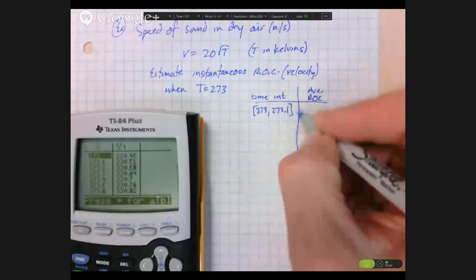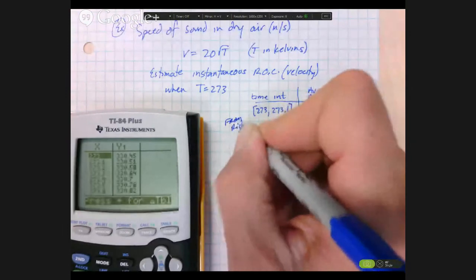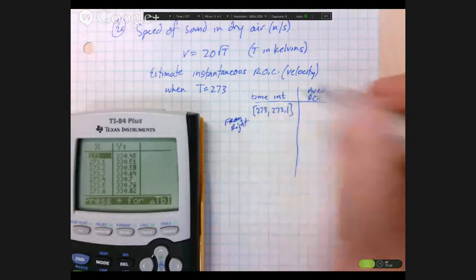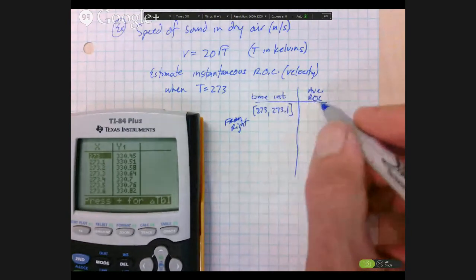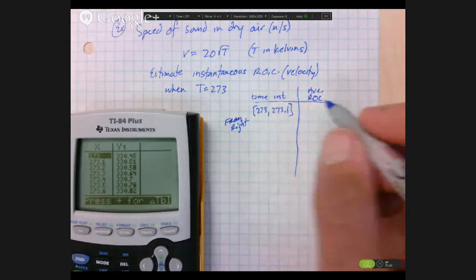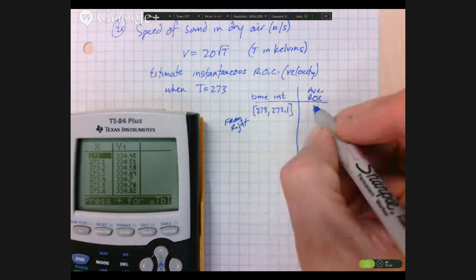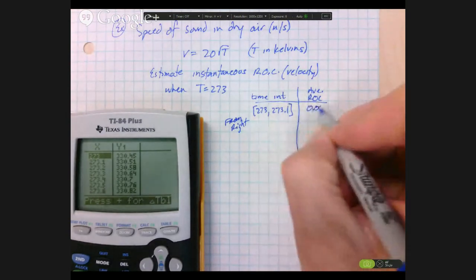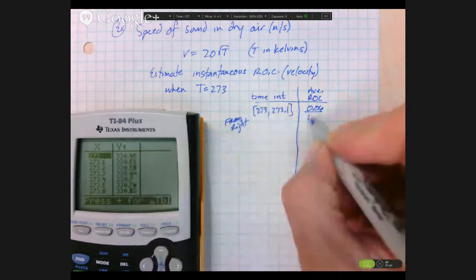Notice that this is from the right. We're higher, so it's coming from the right. We're coming lower. The average rate of change here is 0.06 over 0.1.